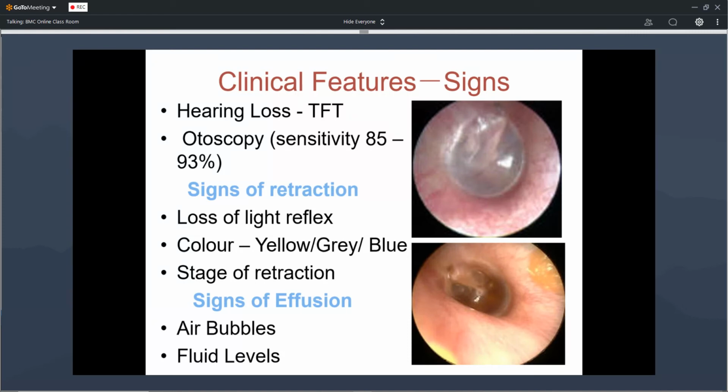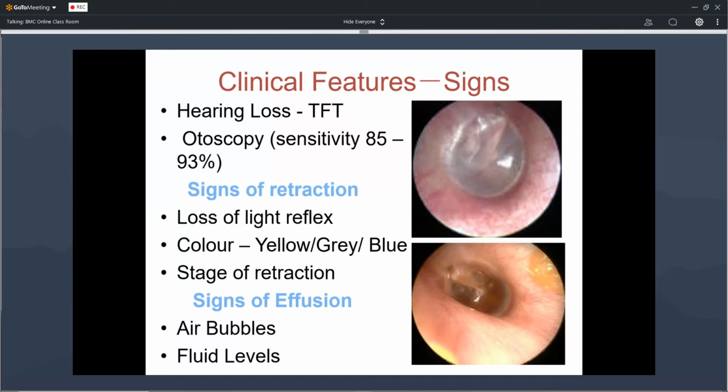So the tympanic membrane may be yellow, gray, or blue depending upon the type of fluid which is accumulated in the middle ear cavity. And sometimes you can see air bubbles and fluid levels. So you can see the air fluid levels through the thin tympanic membrane in the middle ear cavity in serous otitis media.